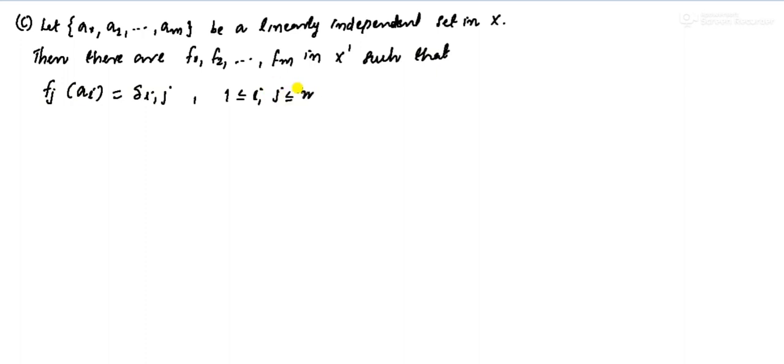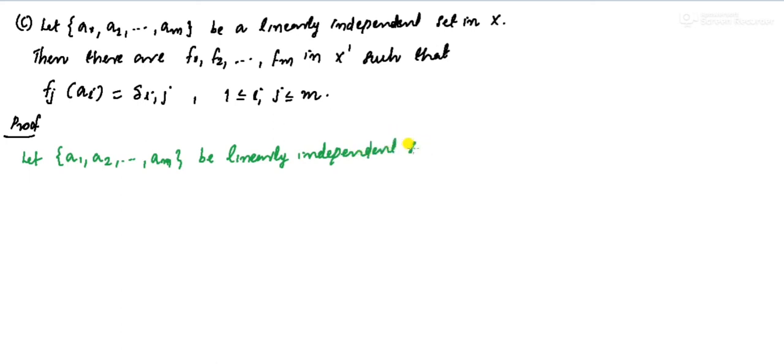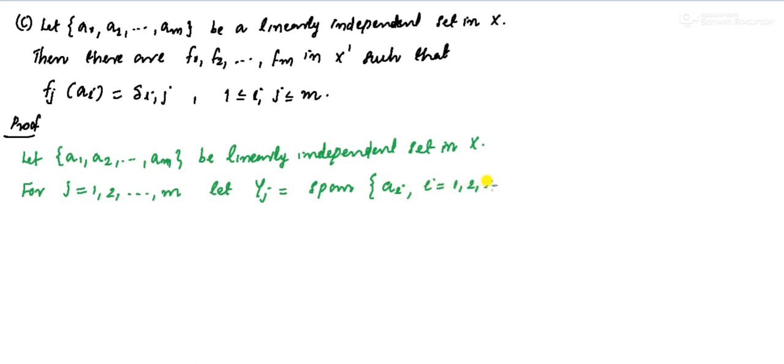Proof: let a1, a2, etc., am be a linearly independent set in X. For j equal to 1 to m, let Yj equal to the span of ai for i equal to 1 to m and i not equal to j.